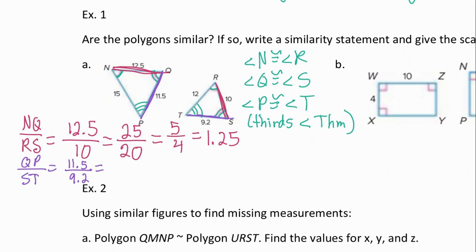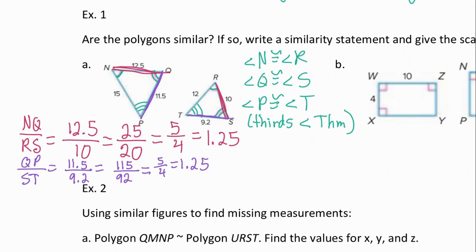we would get 115 over 92. Okay, so now we want to see if we can reduce that down at all. And both of those are actually, I know it's kind of hard to see, divisible by 23. So when we divide them both by 23, we will get, again, 5/4, or as a decimal, 1.25.